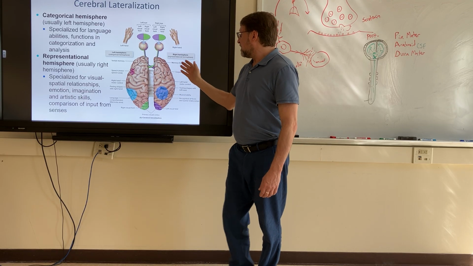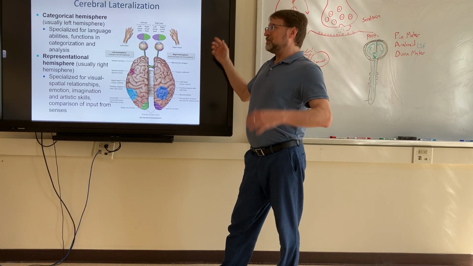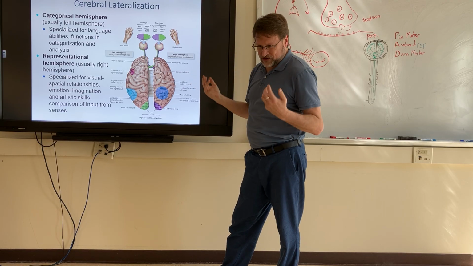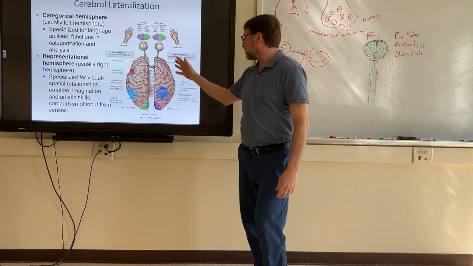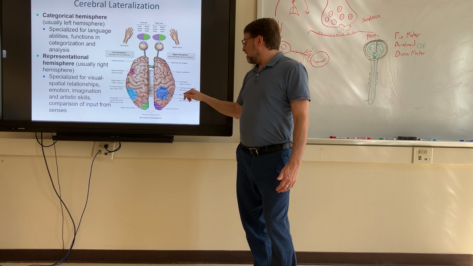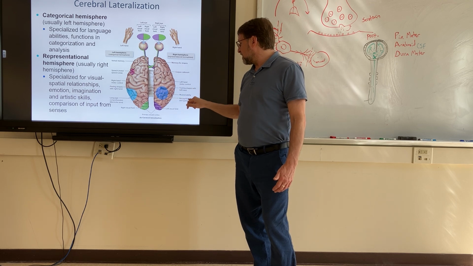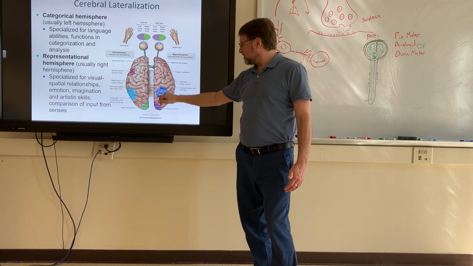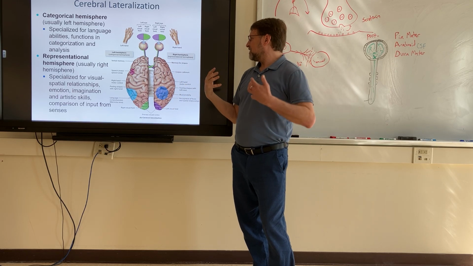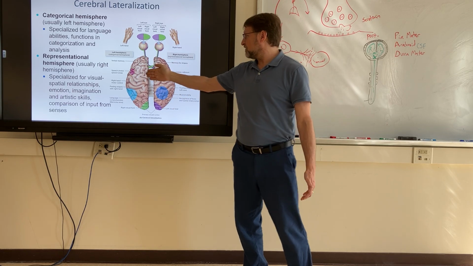Over here, this is our memory of how things fit together, shapes, art, music, all this kind of stuff over here, the feeling things. Left hand control, musical ability hangs out here, recognition of faces and spatial relationships is here. So this is a huge component of how we see ourselves fitting into the big picture, where this is kind of a selfish brain over here.